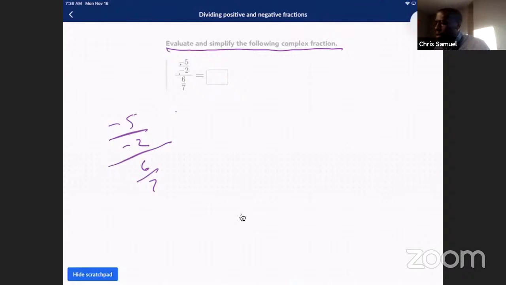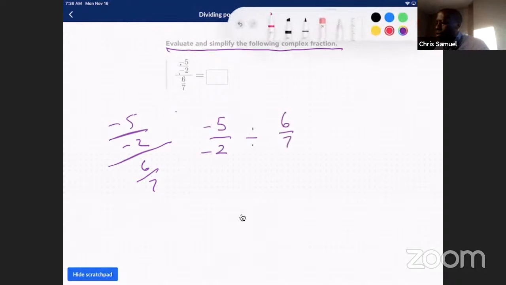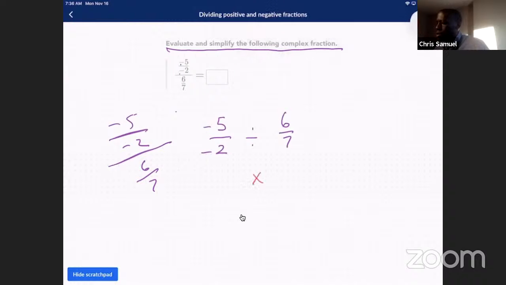So this is basically what we've seen before, we're just looking at it in a different way. So we focus on doing a reciprocal. We flip these. We're going to say 7 over 6, and we're going to say negative 5 over 2.